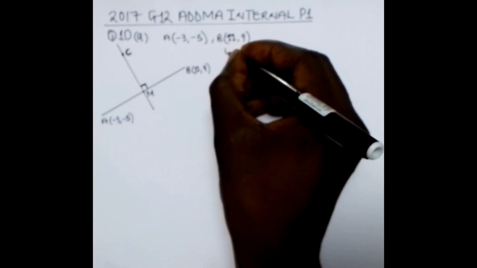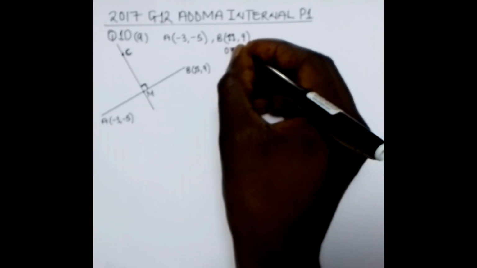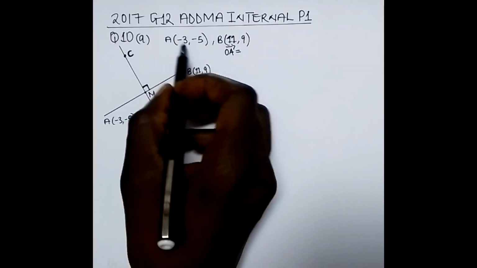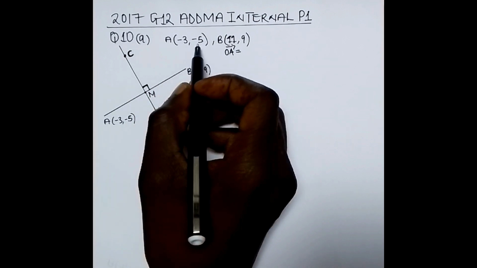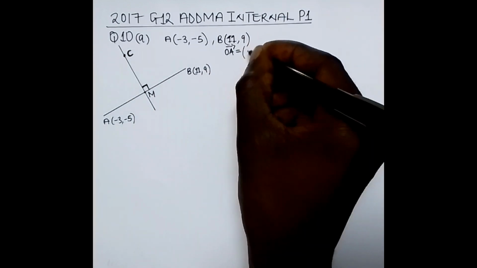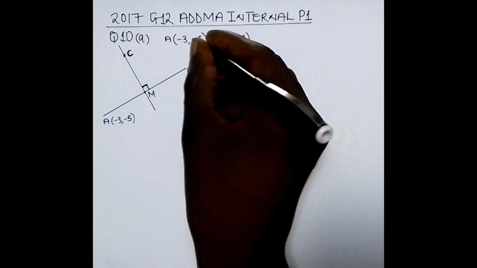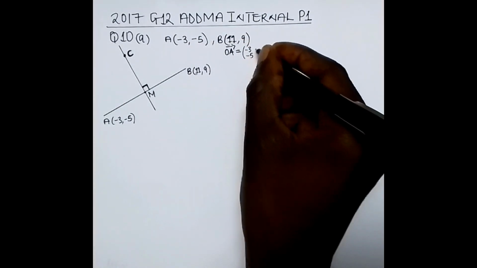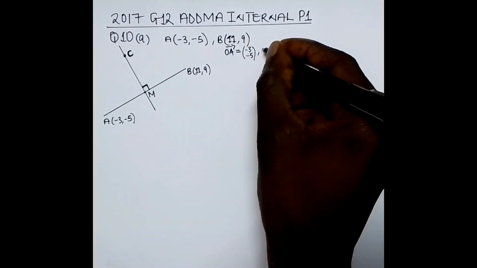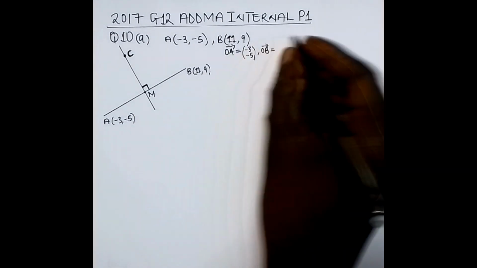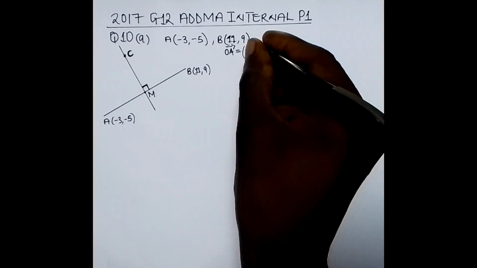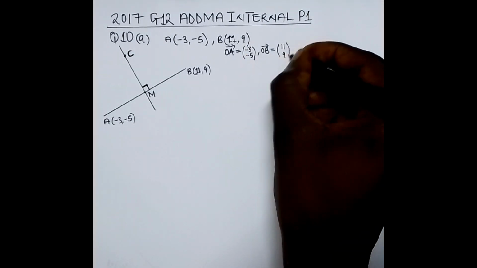For example, the point A will change to OA as a column vector with the same values: x negative 3, y negative 5. B will be OB as a column vector with 11 and 9 there.